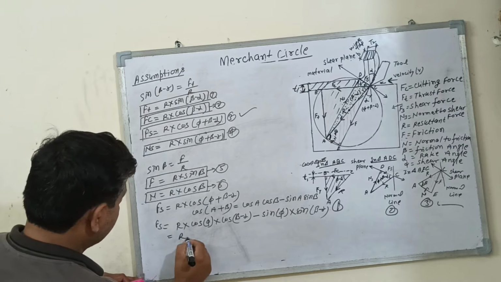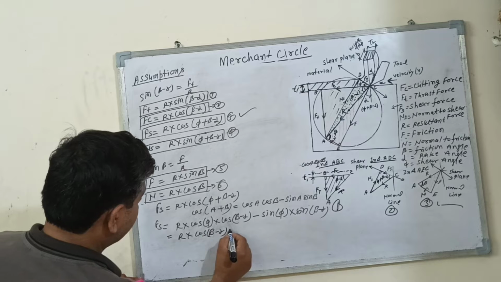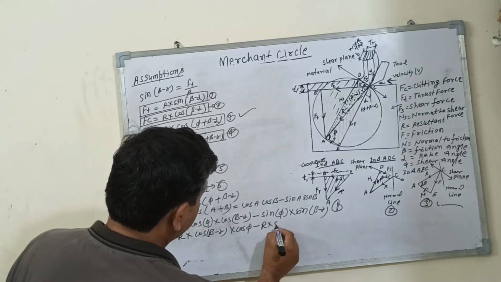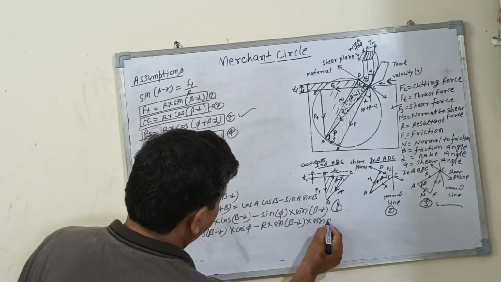So R into cos(b − alpha) into cos phi, R into sin(b − alpha) into sin phi.